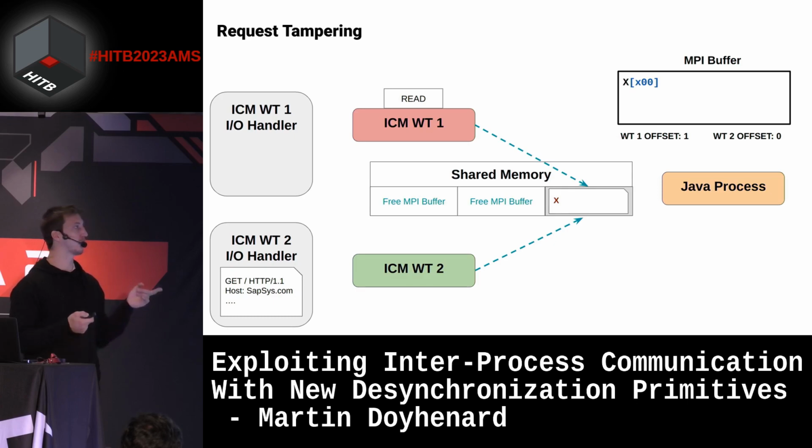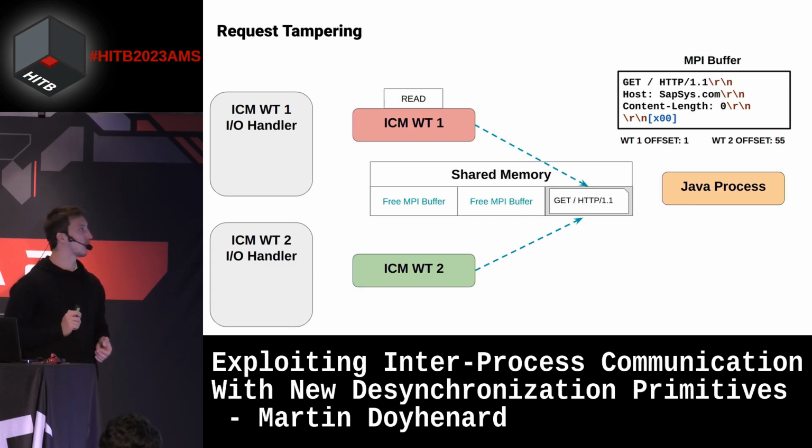In this case, it will be reserving the same buffer that we are using in worker thread 1 for our pipeline request. This is possible because the way that the MPI handler stores the free MPI buffers is using a stack. So probably the last free buffer is going to be the one that is going to be used in the next iteration.